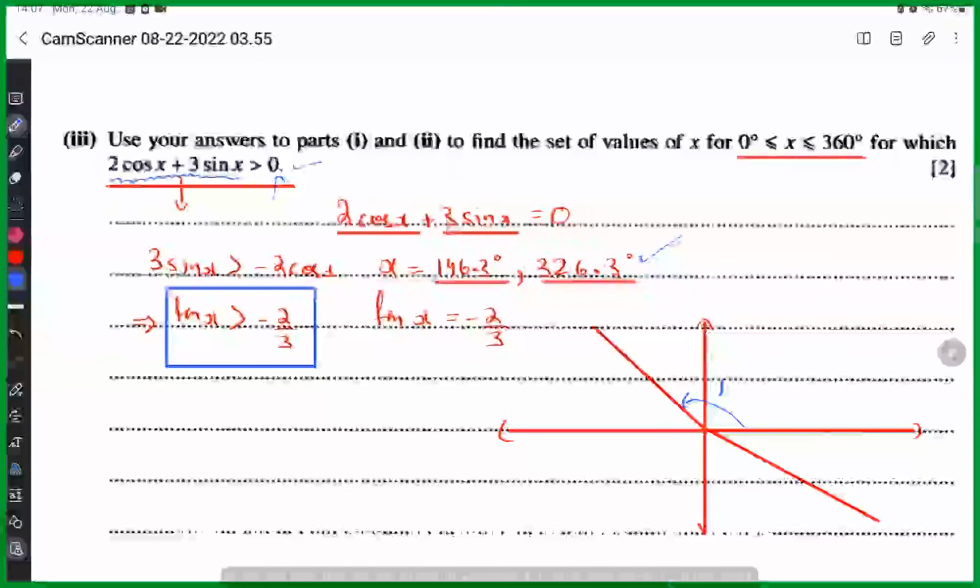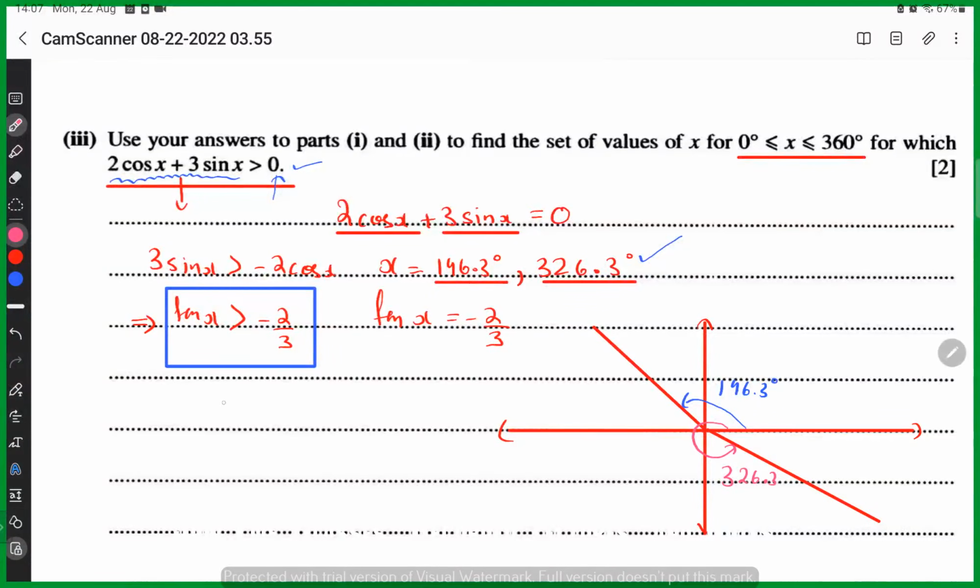This was 146.3 degrees, and then this was 326.3 degrees. These were the two angles that we got for tan of x equals minus 2 by 3. This is what we had over here.